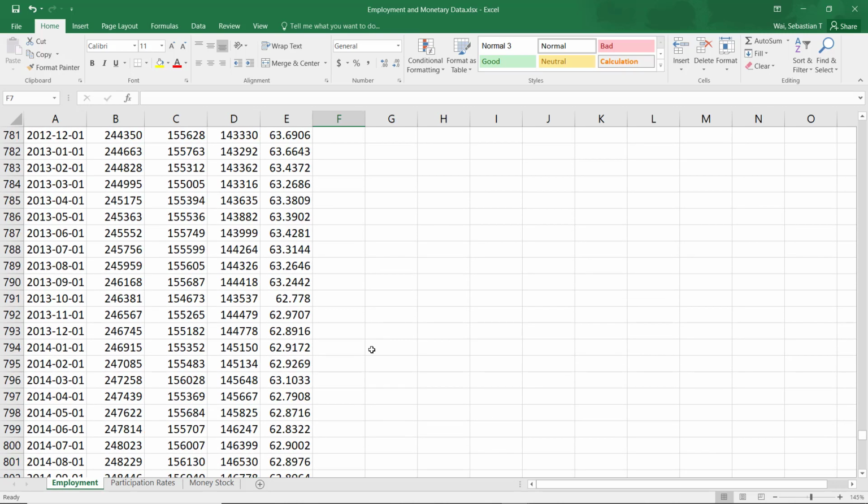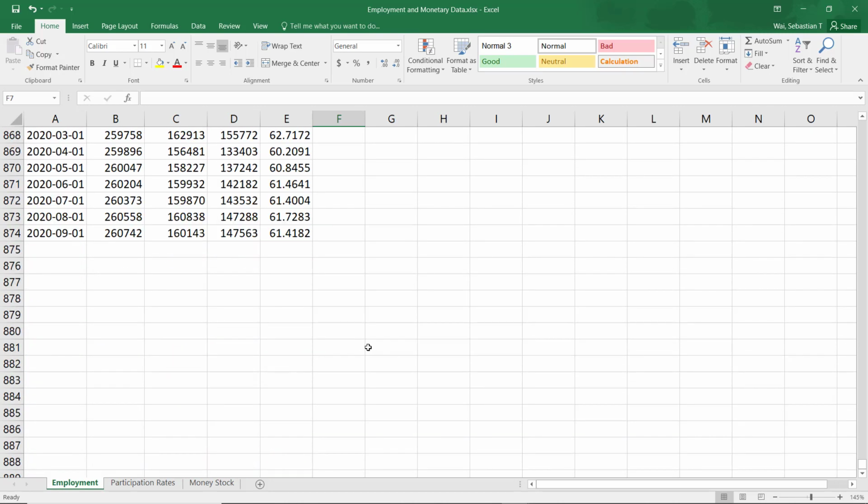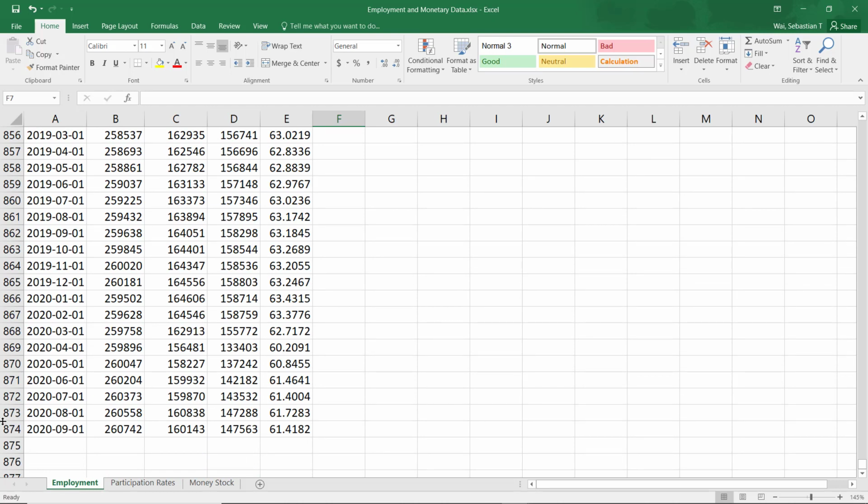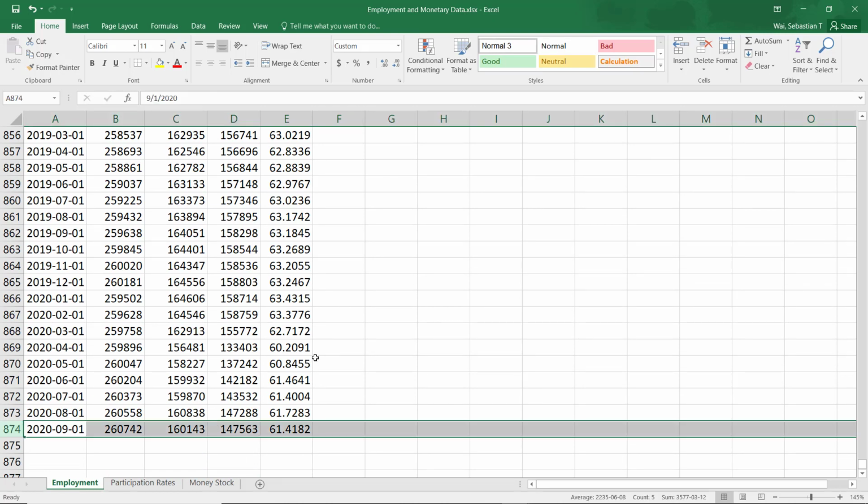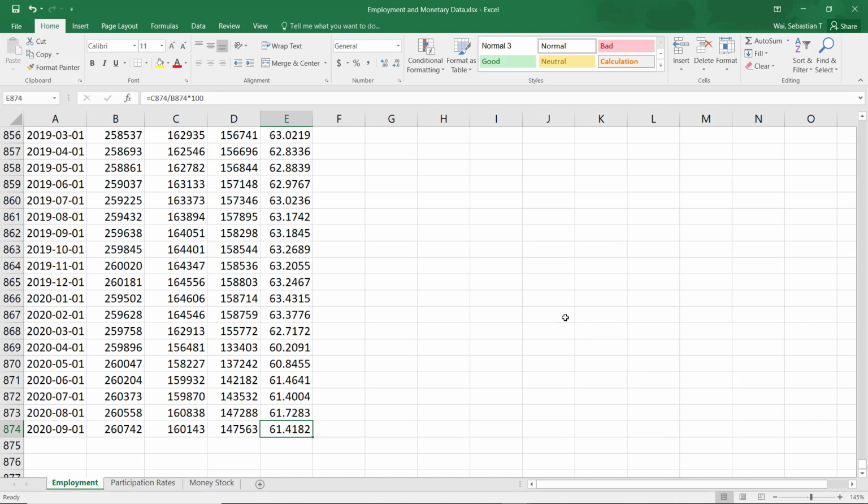And it slowly has been decreasing since then. The most recent figure we have is September of 2020, where the labor force participation rate was 61%. Slightly higher than where it was in 1948, but relatively similar.